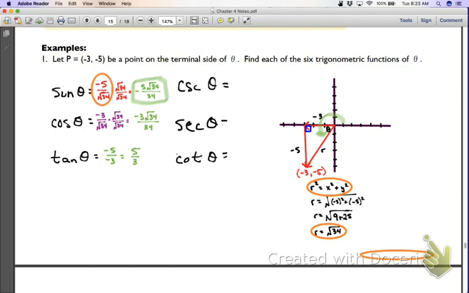Can we just flip this one and flip that one? Now, it's not always going to be the case, but for the most part, it's going to be the case. So the square root of 34 over 5, negative square root of 34 over 3, and then 3 over 5.